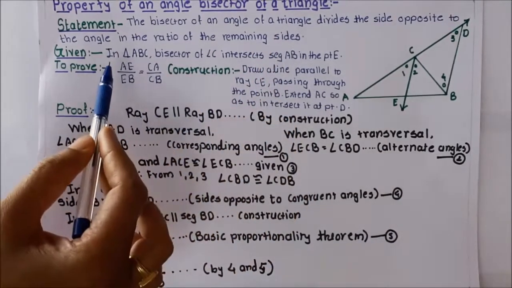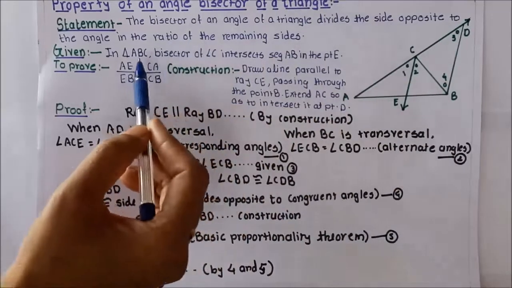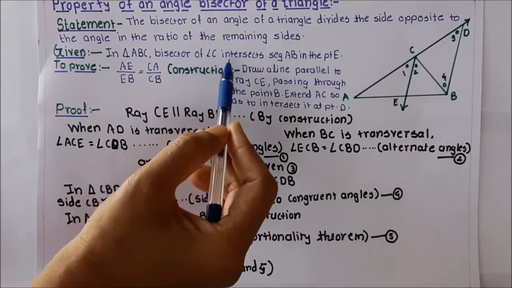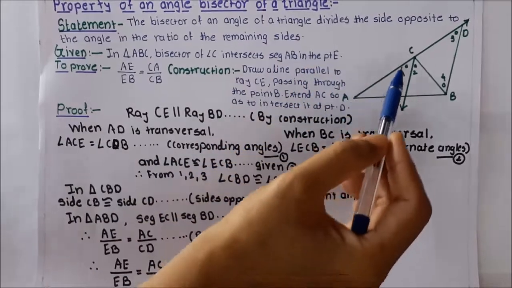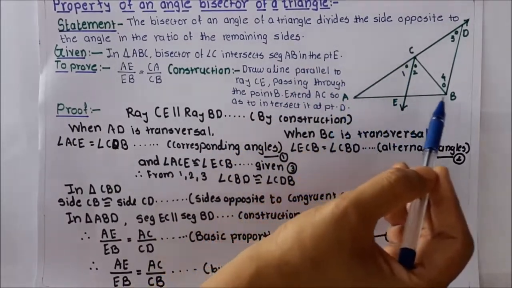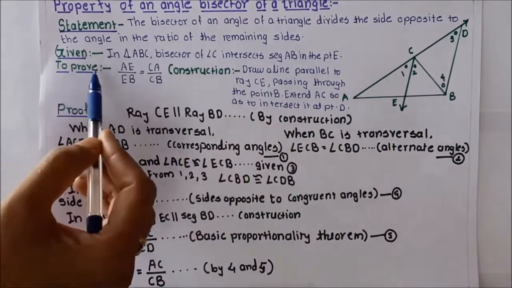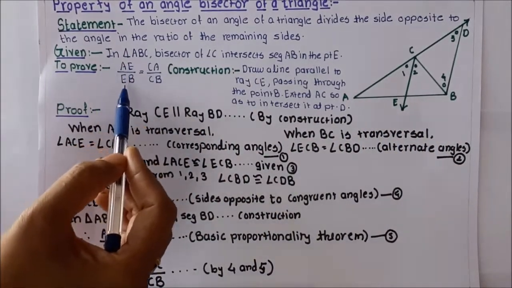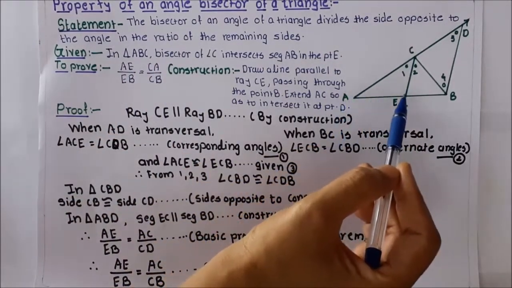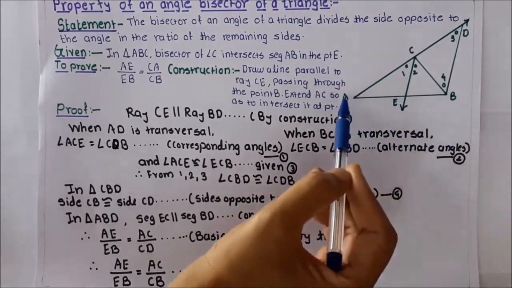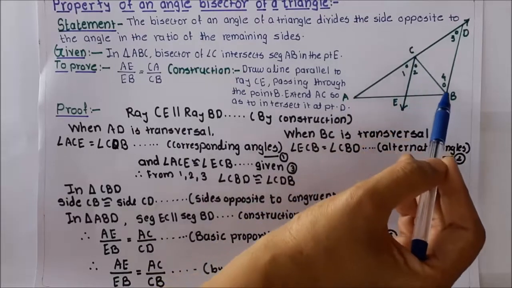Here, given a triangle ABC, the bisector of angle C intersects seg AB at the point E. Now we have to prove AE upon EB is equal to CA upon CB. Here you can see this is AE and this is EB.